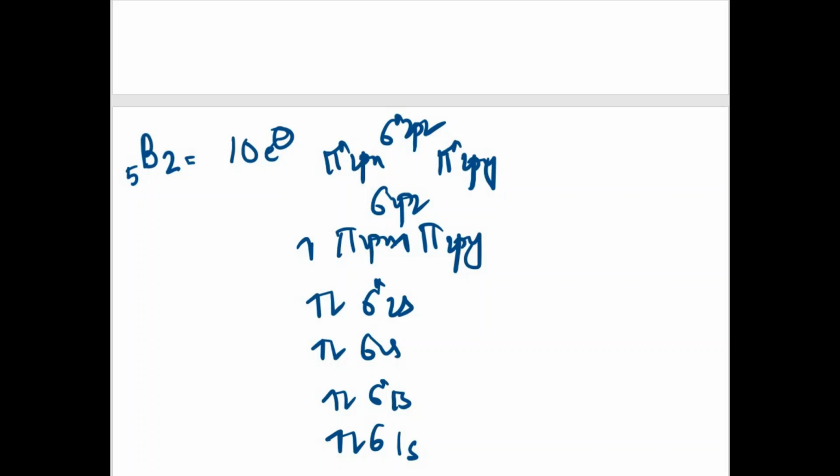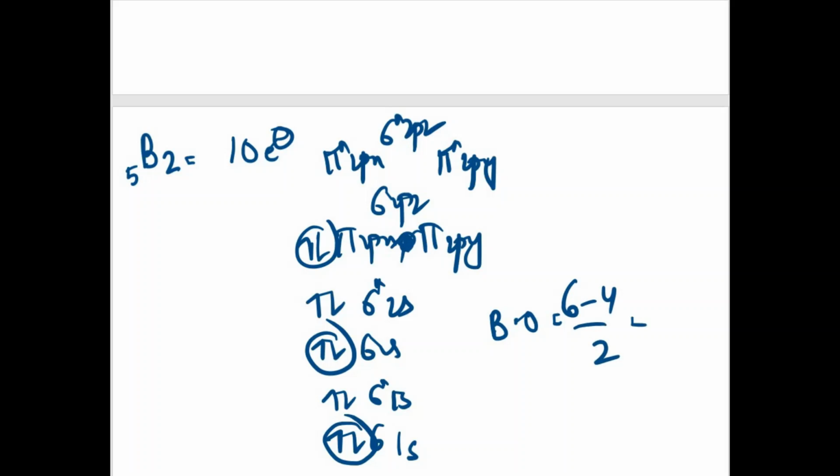The electronic arrangement would be in 2px or 2py, any of the two. It should contain both the electrons instead of having an electron in the other one. Right? So what should be our bond order in that case? Bond order would be 6 minus 4 by 2, that is 1. The bond order should be 1 and it should have been paramagnetic, but we have violated Hund's rule. So now it has become diamagnetic, right?